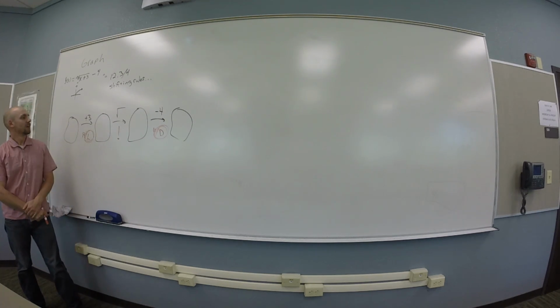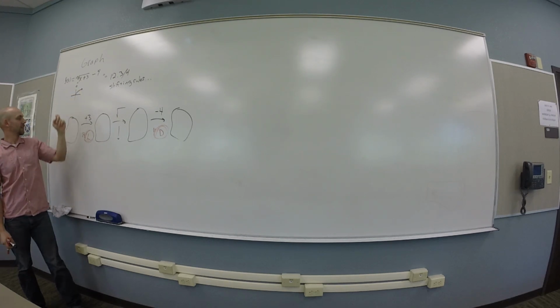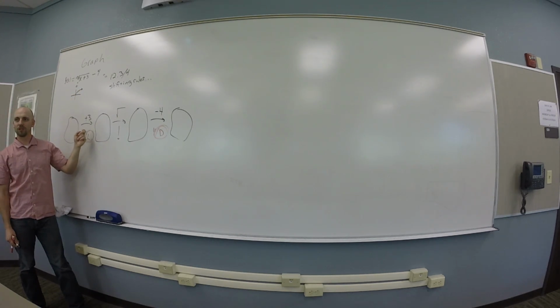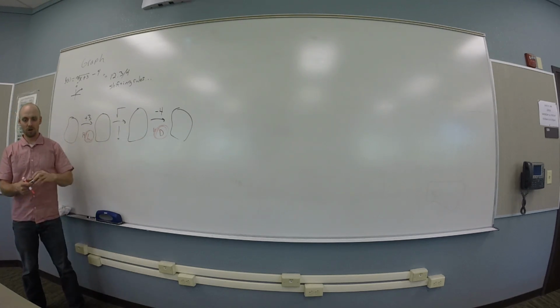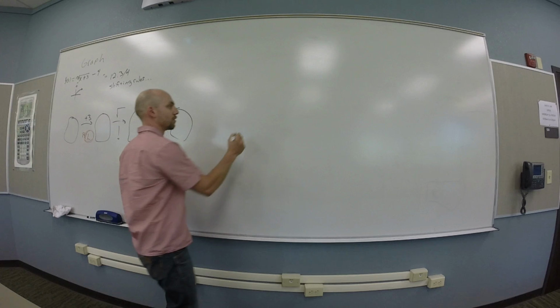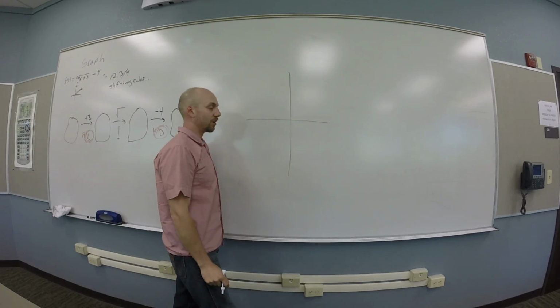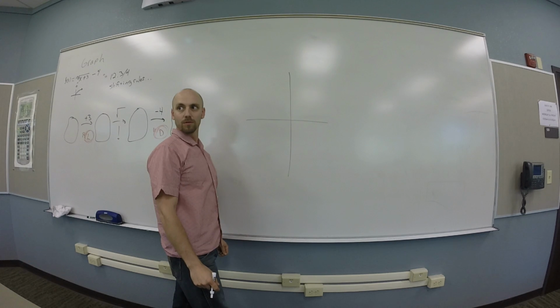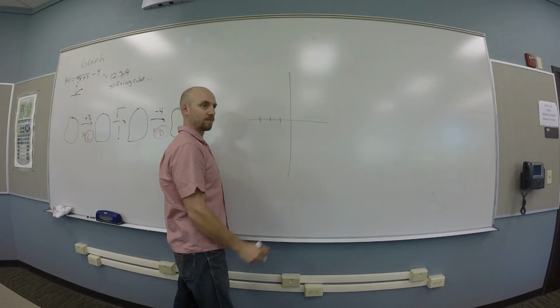Okay, so now I know I've got my shape like this, and it shifted left, how much? 3 and down 4. Okay, so I should be able to draw that, right? So here's some axes. You need to go left 3, down 4.